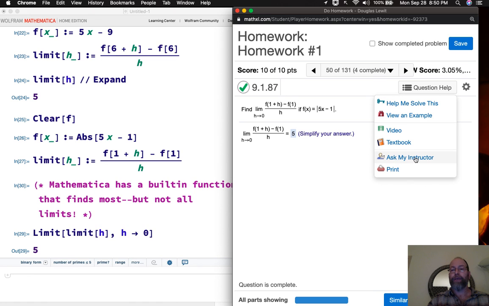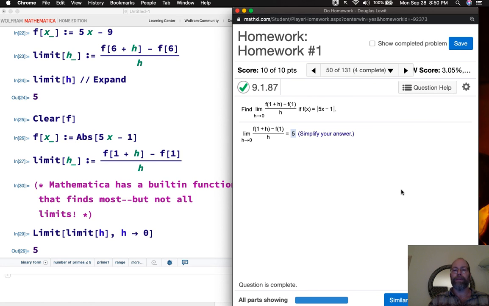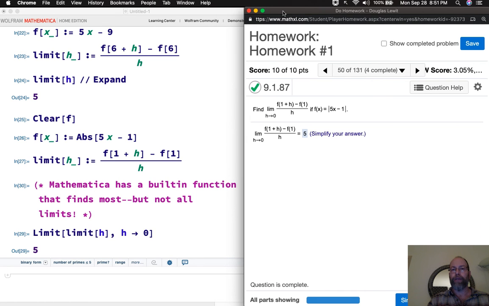Click on Ask My Instructor. Or you can print out this problem and show it to someone in your family or a neighbor or someone that you know who is really good at mathematics. Guys, you have options. You have choices. You need to learn to take advantage of your choices, take advantage of your options. You have a lot of options to help you with this course. Learn to take advantage of them.